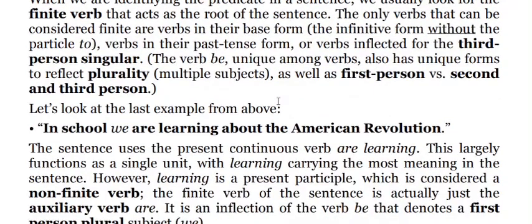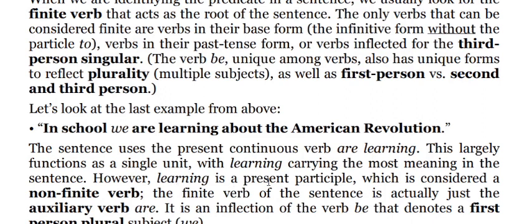Let us look at the example from above. In school, we are learning about the American Revolution. Now, the sentence uses the present continuous verb are learning. This largely functions as a single unit, with learning carrying the most meaning in the sentence.